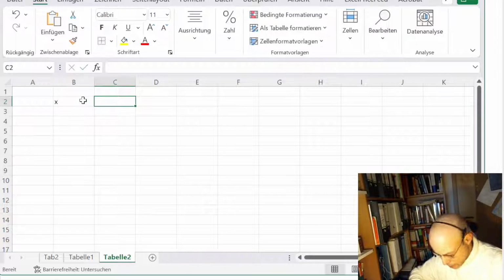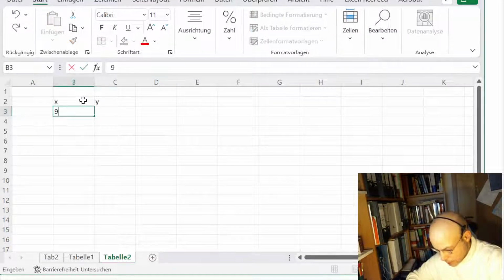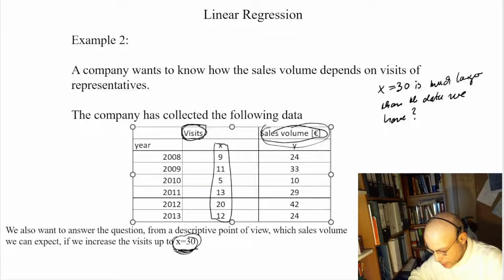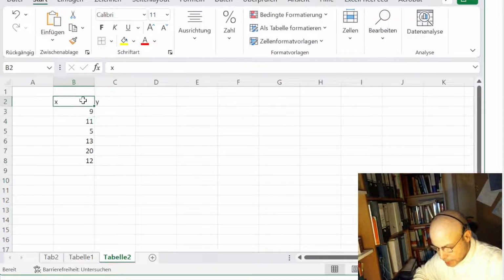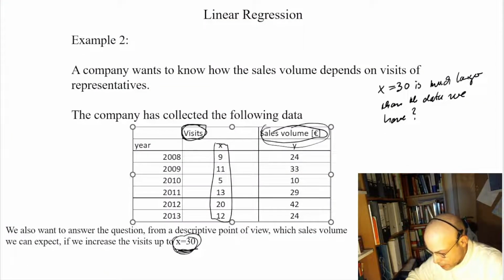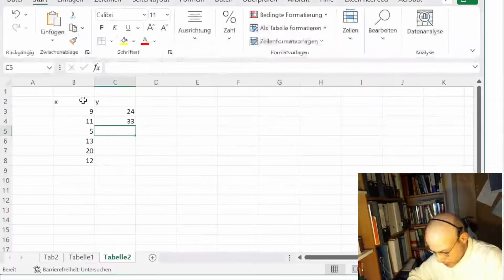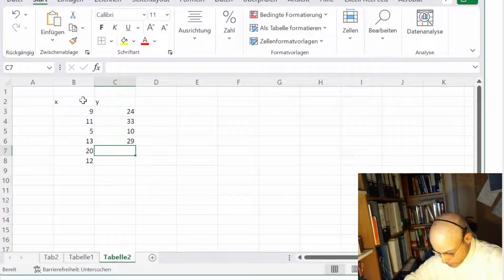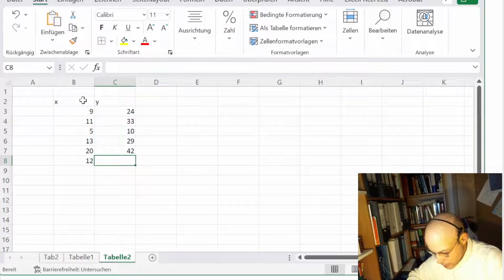X and Y. X: 9, 11, 5, 13, 20, 12. Y: 24, 33, 10, 29, 42, and 24.